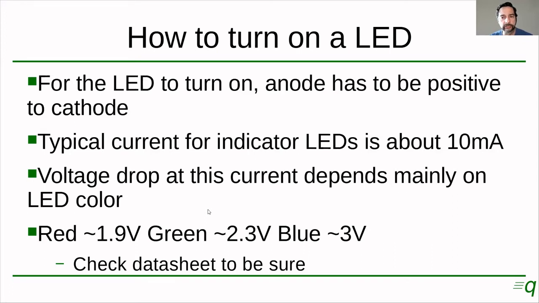These are rough guidelines, so you should check your data sheet to be sure what the voltage drop is. But if you don't have a data sheet, or if you just want it to turn on and it doesn't really matter if it is too bright or too dim, just go with these values.